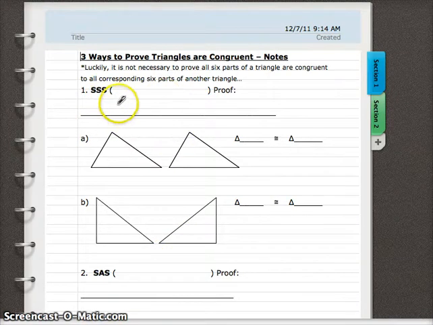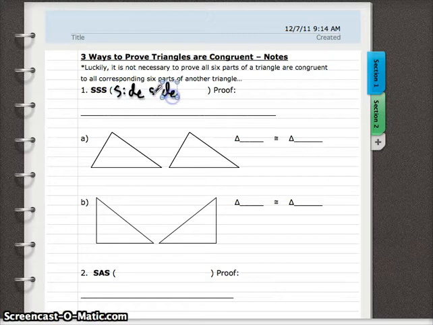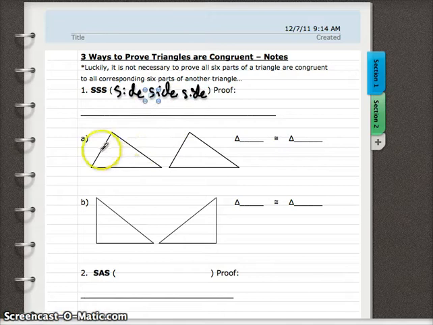One way that we can prove that two triangles are the same or that they're congruent is if we can prove that each side is congruent to the corresponding sides on the other triangle. So if we can prove that 3 of these sides on this triangle are the same as 3 corresponding sides on this triangle, then we can say the two triangles are congruent.